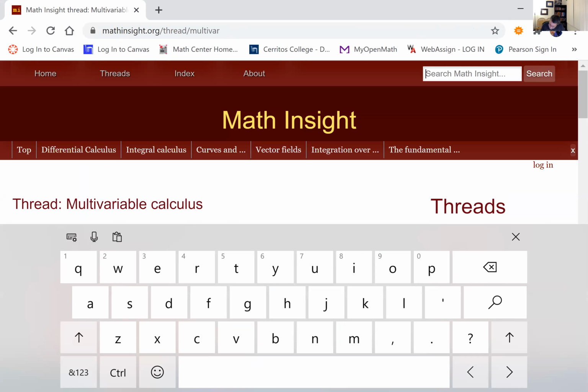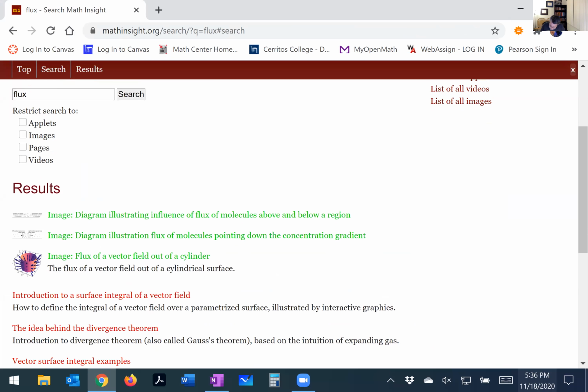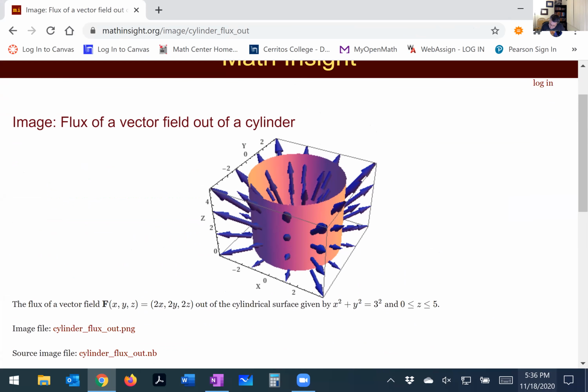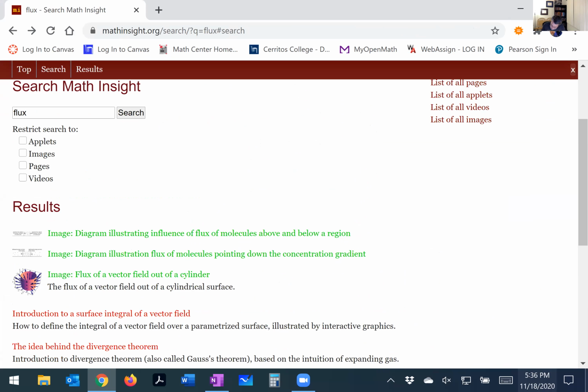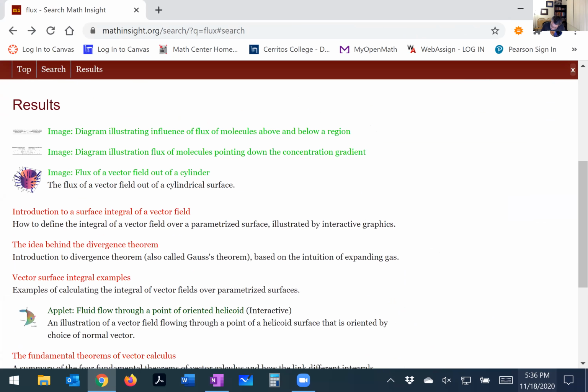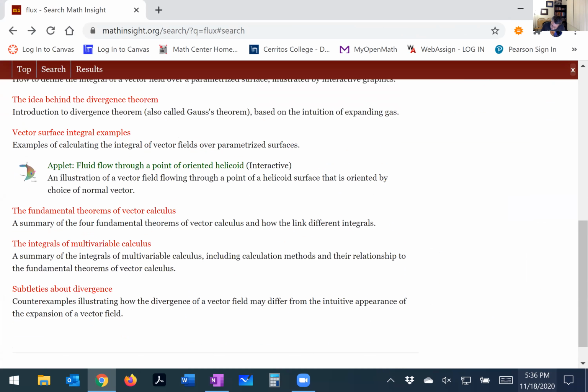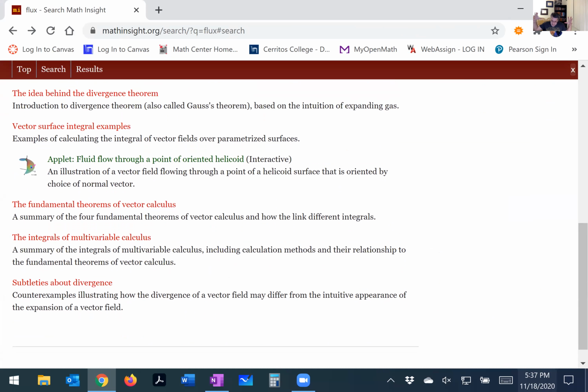Okay, so if we plug in flux here. Subtleties about divergence. Divergence is expanding and contracting. How fluid expands and contracts, that's divergence. So if it's positive, it's going in and kind of blowing up the ball.